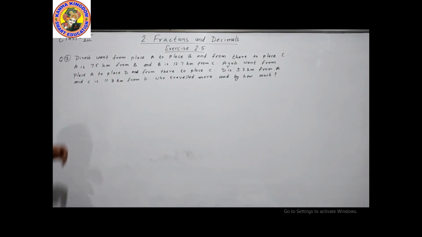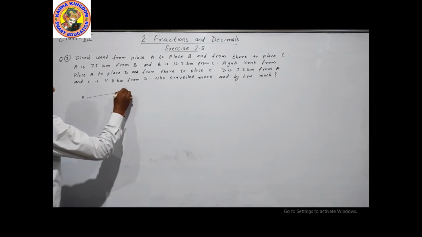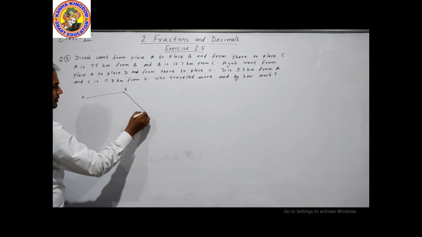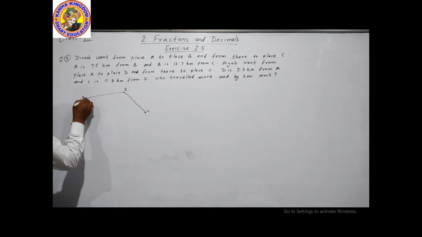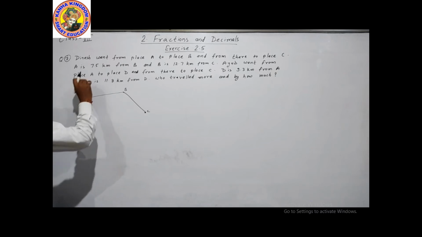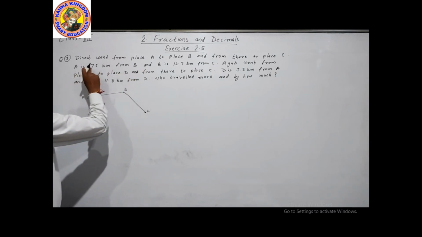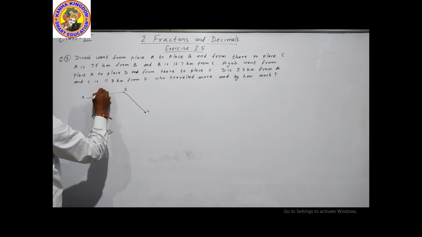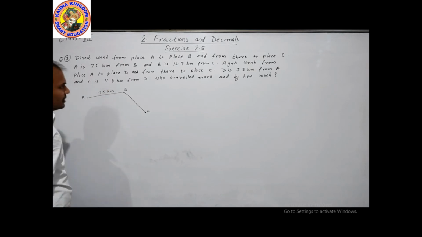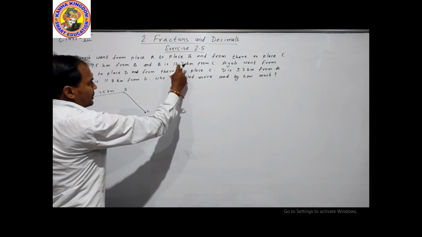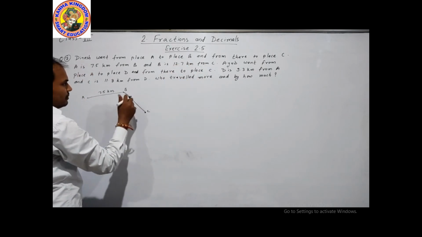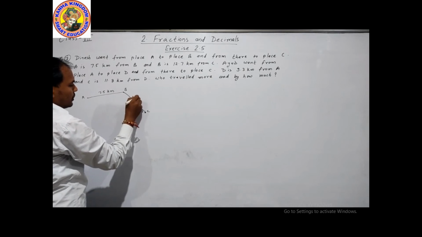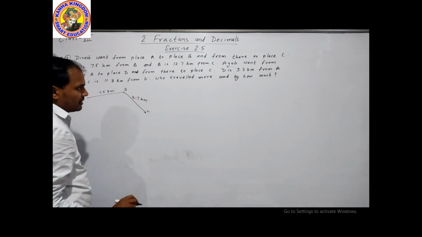Now our next question is, Dinesh went from place A to B, and from there to C. A is 7.5 km from B, the distance between A and B is 7.5 km. B is 12.7 km from C, the distance between B and C is 12.7 km.